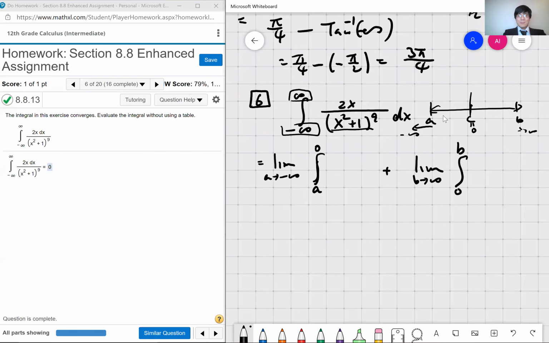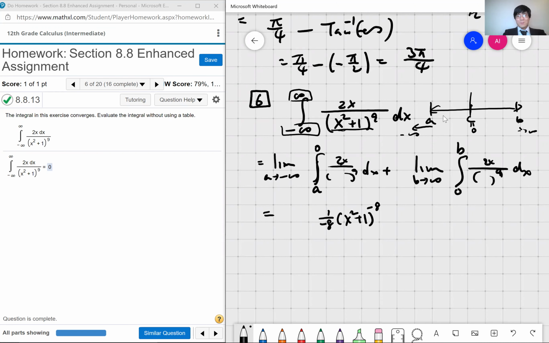Like this. Okay. Now this integral is very simple. It's going to be (x squared plus 1) to the power of negative 8, divided by negative 8. If you are not comfortable with it, you have to use a substitution.